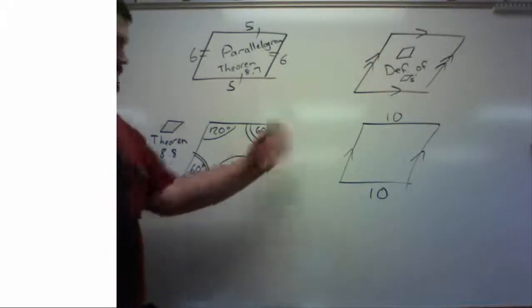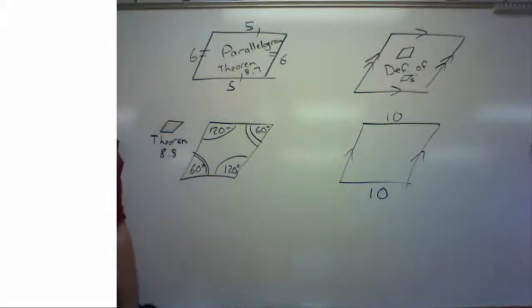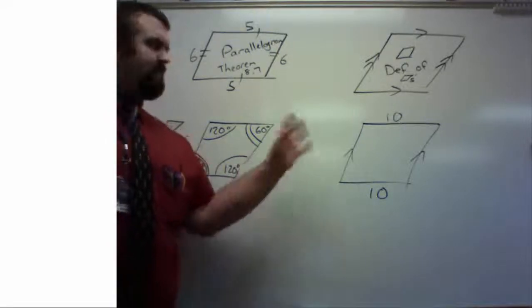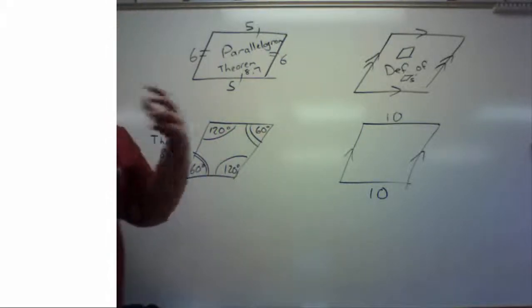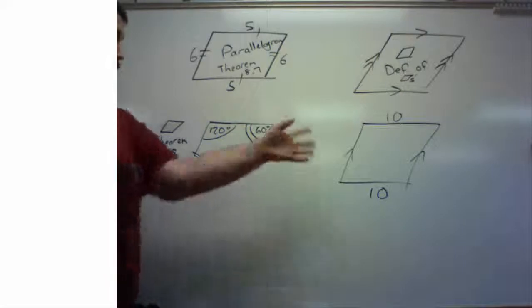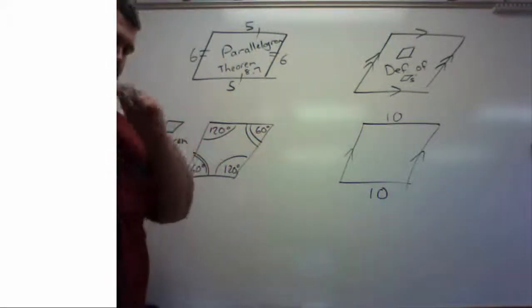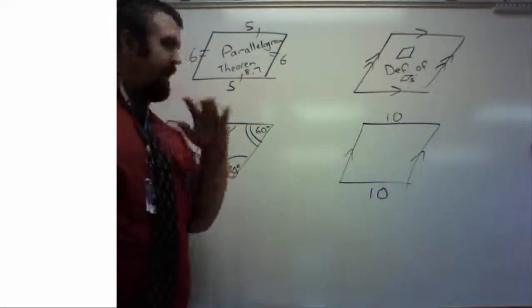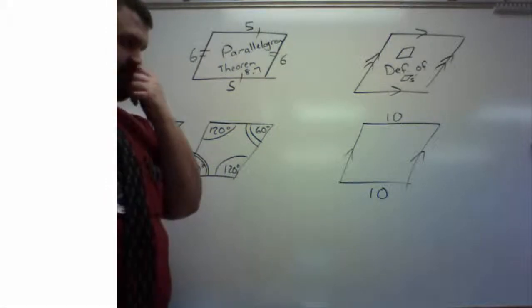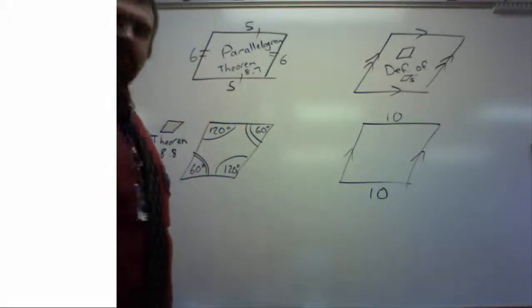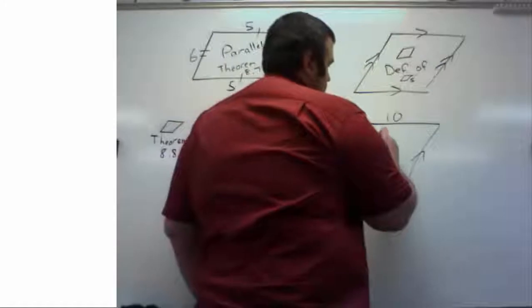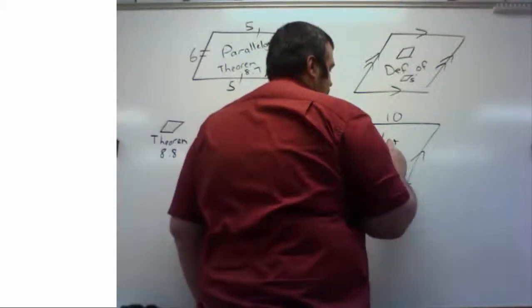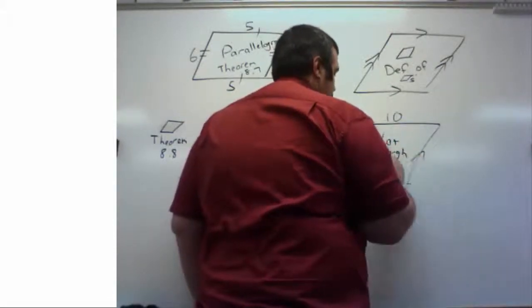Last one, opposite sides being parallel. I do have one, but I need both pairs. Opposite sides being congruent. Oh, I again have one set of opposite sides being congruent, but I need both pairs. Opposite angles being congruent. I don't know that. So in this case, not enough info.